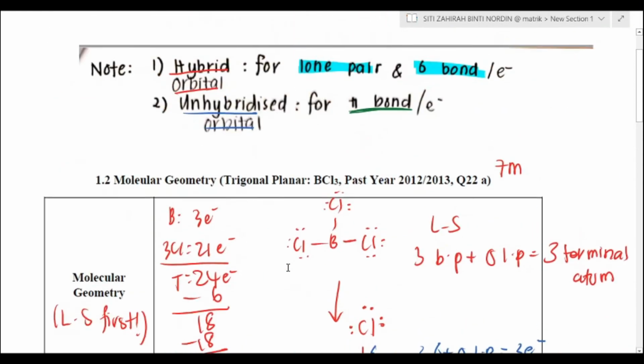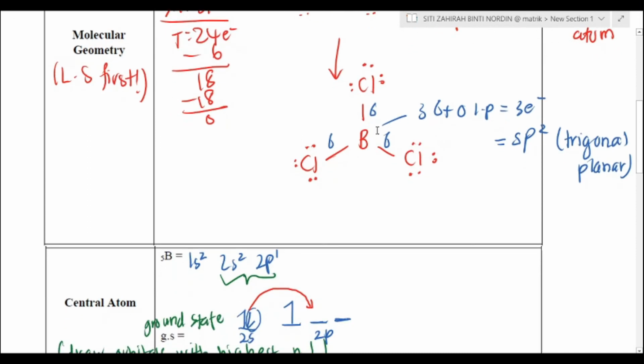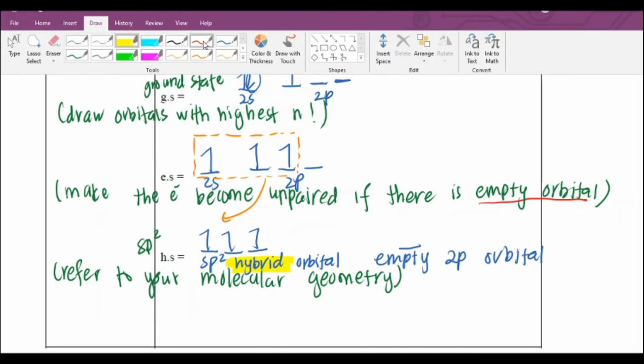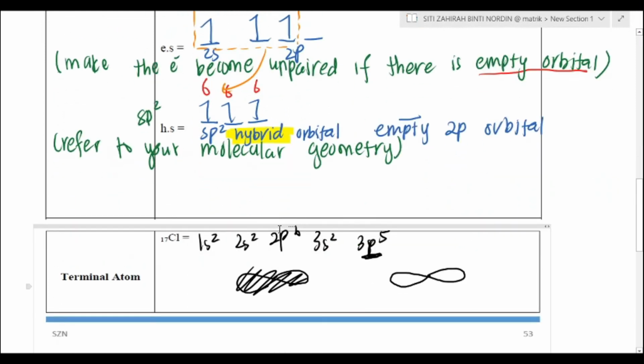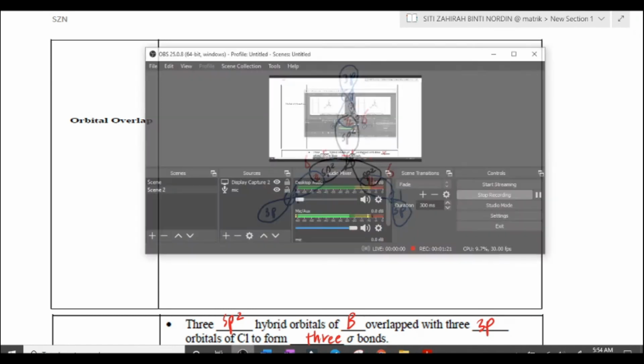Hybrid orbitals are only for lone pairs and sigma bonds. So boron has no lone pairs, but we've got 3 sigma bonds. So these 3 electrons in hybrid orbitals are reserved for 1, 2, 3 sigma bonds, and yes, the drawing of the orbital overlap has 1, 2, and 3 sigma bonds. Okay, so that's all. Thank you, everyone.